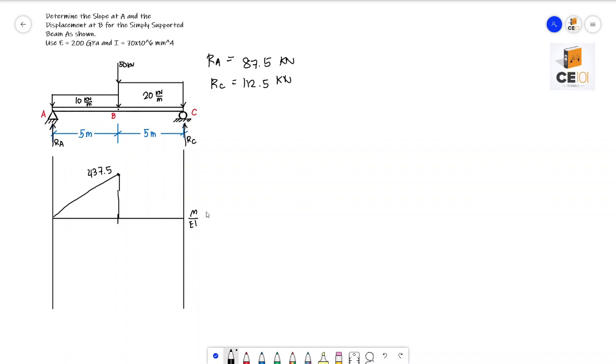So yung moment diagram by parts natin na merong units na kilonewton meter. Tapos next is itong RC. So yung RC natin 112.5 kilonewton. So mas malaki magnitude niya, so definitely nandito siya. Mas mataas pa siya kaysa sa RA. So ito yung ating RC. So value nito is 112.5 times 5. So makukuha natin is 562.5.